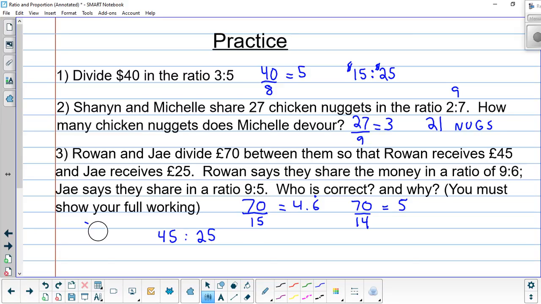So there's lots of different ways to come about this. So here we could divide by 5 and divide by 5. And we'll get 9 to 5. So therefore, Jay is correct.